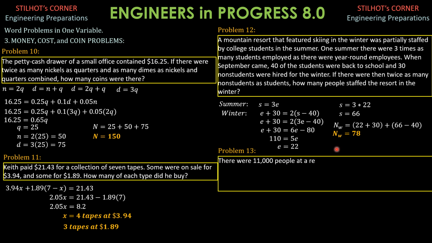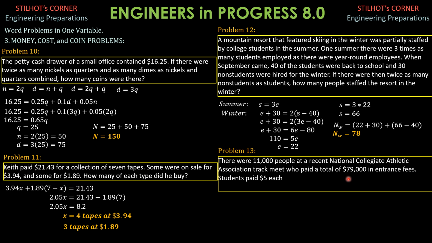Problem 13. There were 11,000 people at a recent National Collegiate Athletic Association track meet who paid a total of $79,000 in entrance fees. Students paid $5 each and non-students paid $8 each. How many students attended?